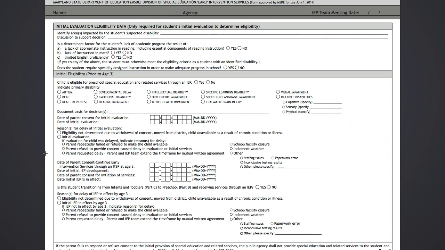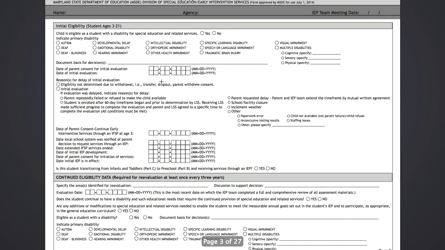So if we go on to page 2 of the PDF document, you'll see that initial eligibility, which starts on page 2 and continues onto page 3, is much longer than what we see when we look at continued eligibility. And so let's take a look at continued eligibility first.